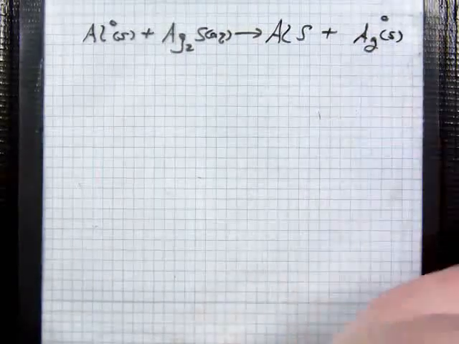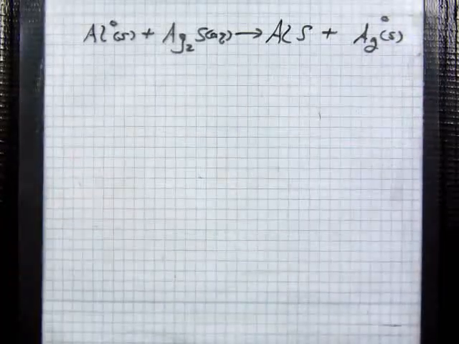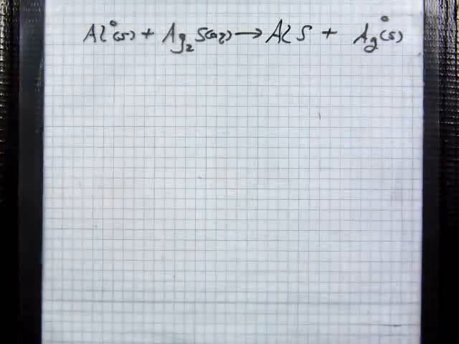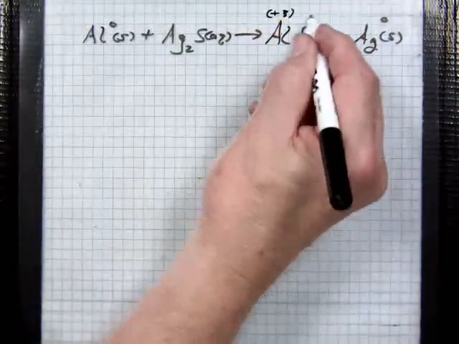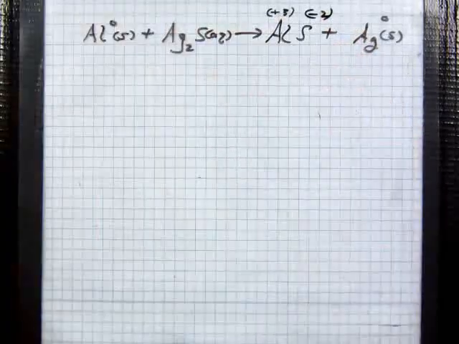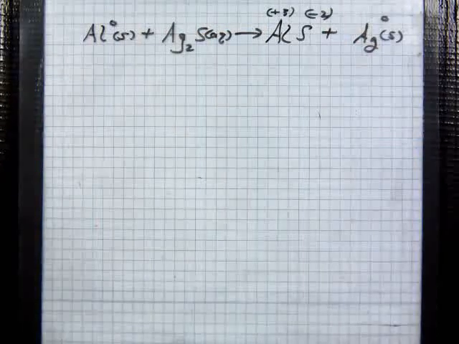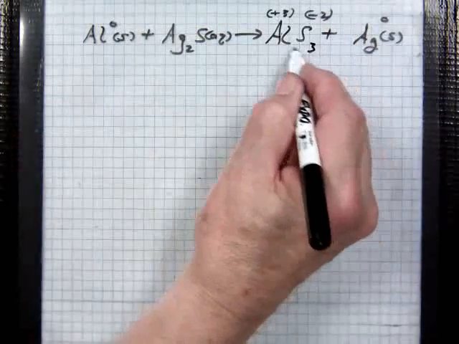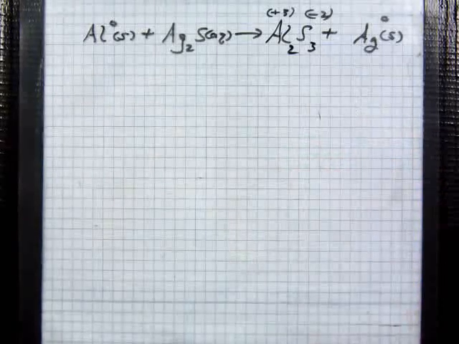Okay, so that's a given. But how about the subscripts? Aluminum is a fixed charge +3. Sulfur is a -2, and because it's an ionic compound, it follows the periodic table. In molecular compounds, it may not. So we can put a 3 down here and a 2 down there, and so we have a balance of charge in that compound. Sum of charges equals 0.